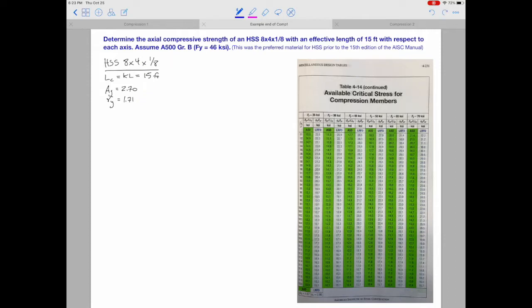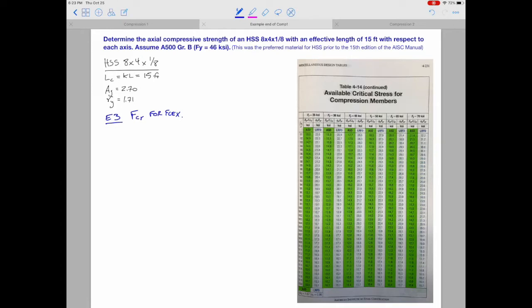So now I have all of those, and even though I already told you we're going to do a local buckling example, every problem we need to start out with E3. So this is our starting point all the time, because we need to find Fcr for flexural buckling, right?